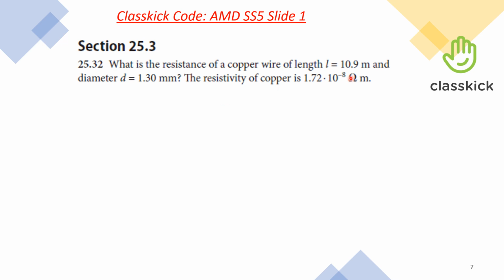Here is an application for this law. So I invite you to go to Classkick and drop your answers there, and inshallah I will be checking your answers and correcting them. So what's the resistance of a copper wire of length L and diameter D, where the resistivity of the copper is 1.72 by 10 to the power of minus 8 ohm per meter?